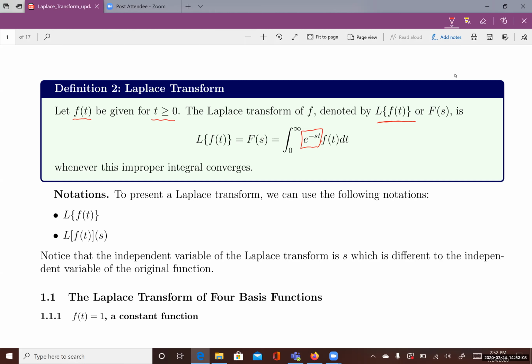So again, the Laplace transform exists whenever this improper integral converges.